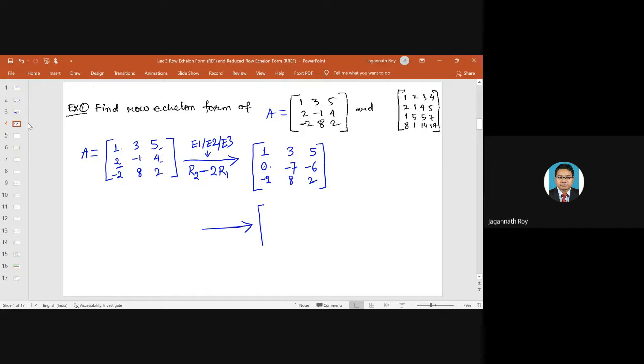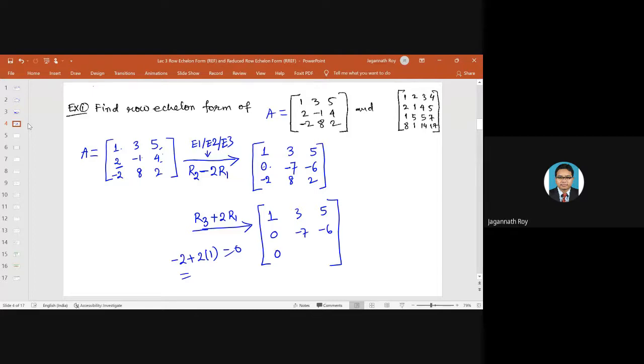We want to make it 0. So how do we do that? We will take the help of R1. So R3 plus 2 times R1. If you do that, 1, 3 and 5 remain the same. 0, minus 7 and minus 6 are the same. Then minus 2 plus 2 times 1 becomes 0.